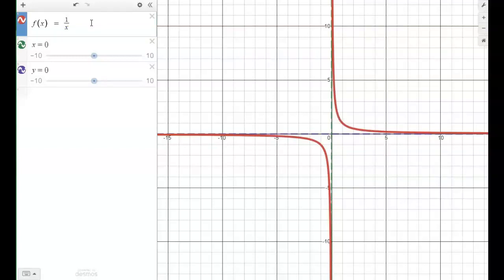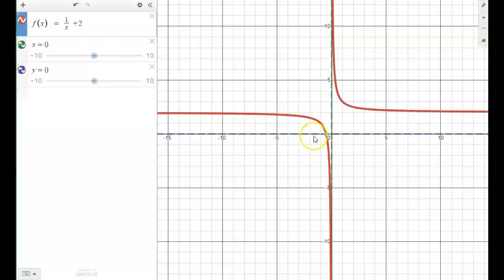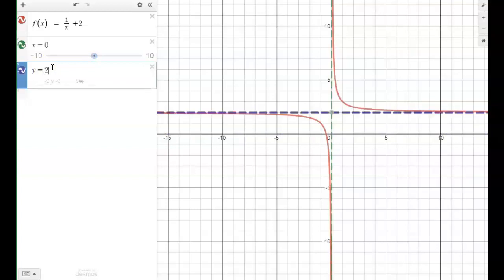Like, let's say I add 2 to my function. It shifted the graph upwards, right? And now that means that my horizontal asymptote is no longer at 0, but now it's at 2. So however much you add to your function, that will shift your graph up, and it will change your horizontal asymptote, represented by this purple dotted line, to be whatever that value is.